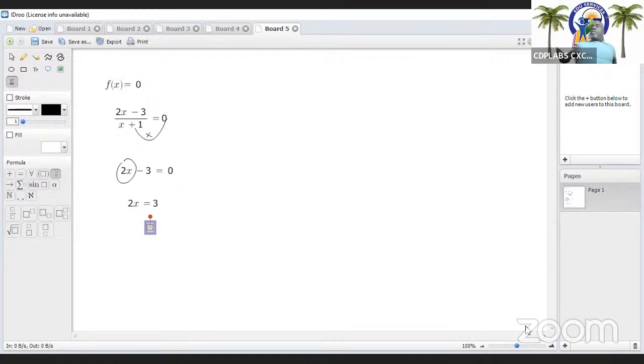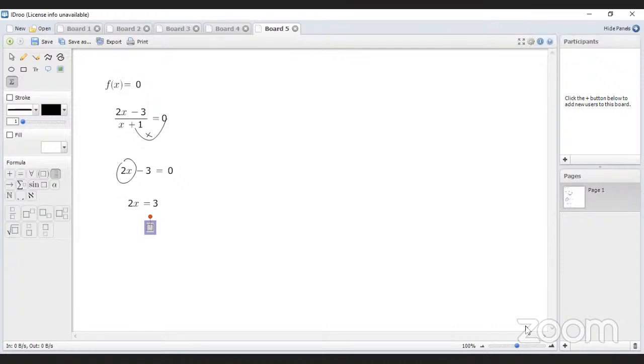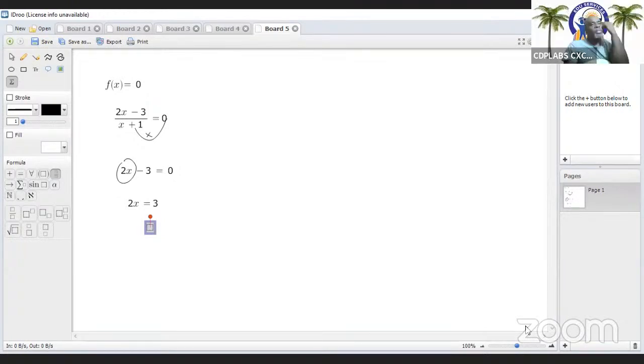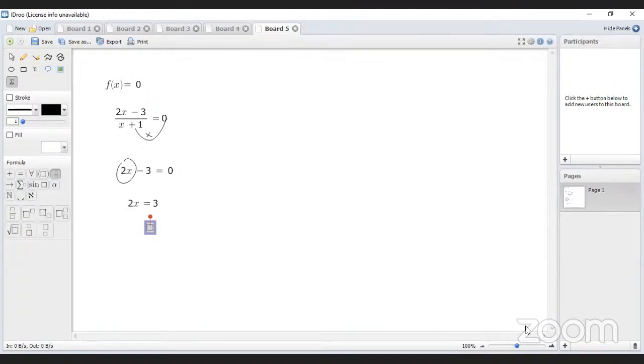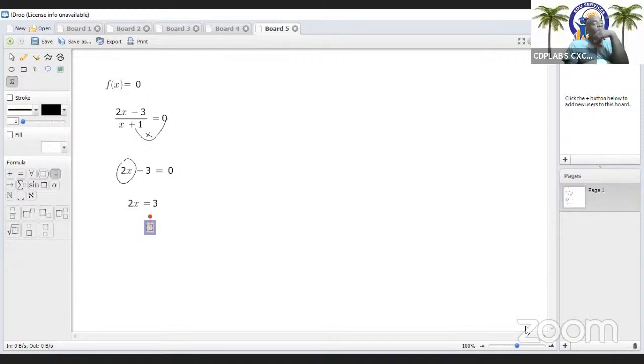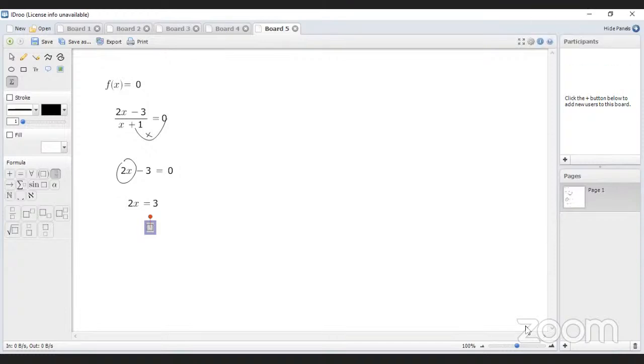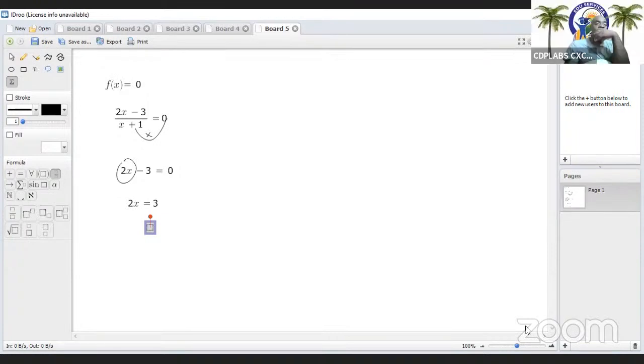$1.50 plus $1.50 is equal to how much? 3? Exactly. But that's not really a whole number. No, but 1.5 is a number. Two halves, 1.5 will give you 3.